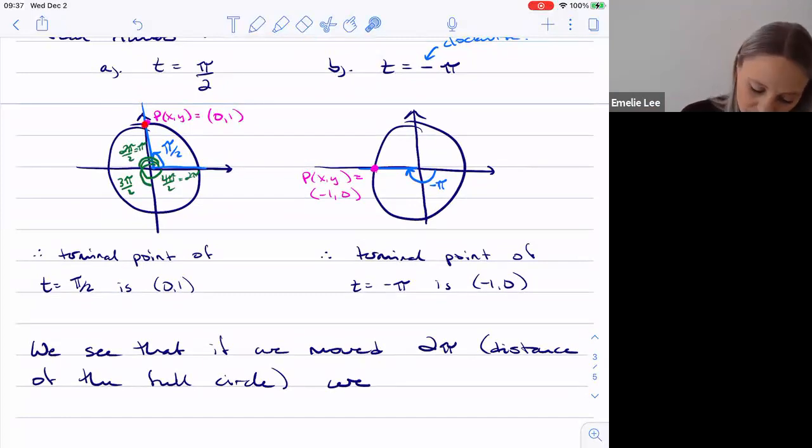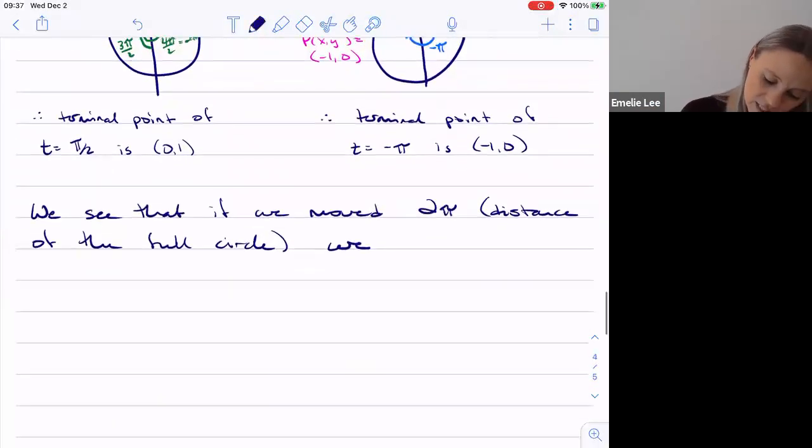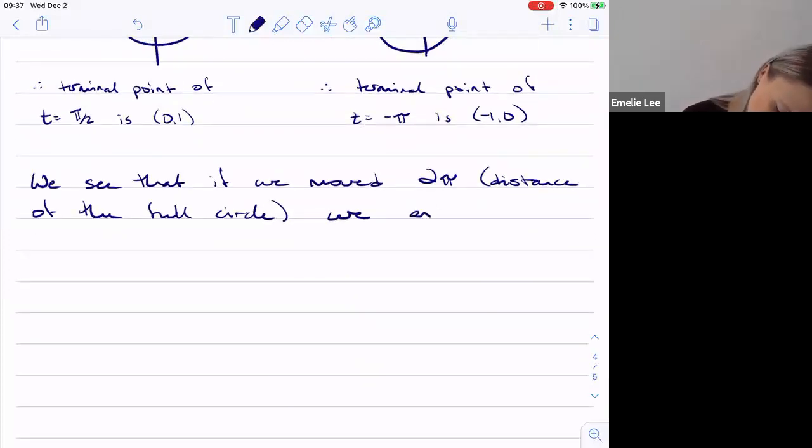If you started here and you moved 2 pi, then you're back here at (0, 1). Or if you started here and you moved 2 pi, you can move 2 pi this way or 2 pi this way. It doesn't matter. You end up at the same terminal point.